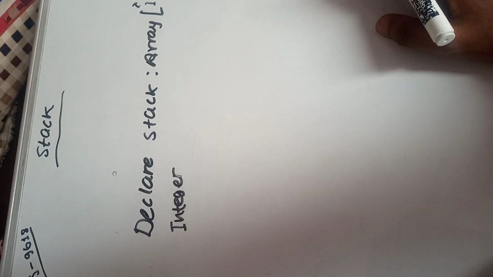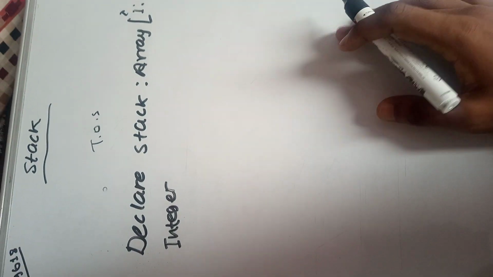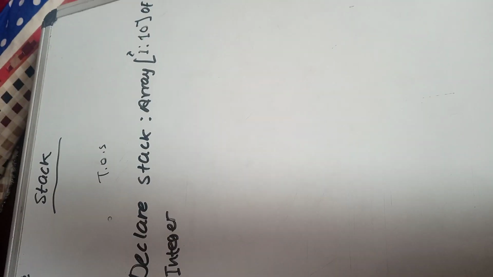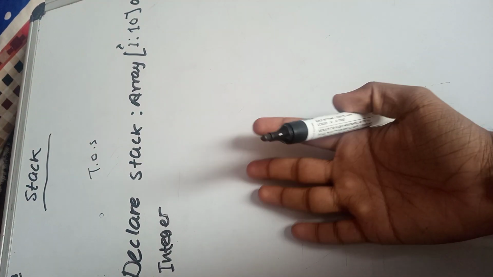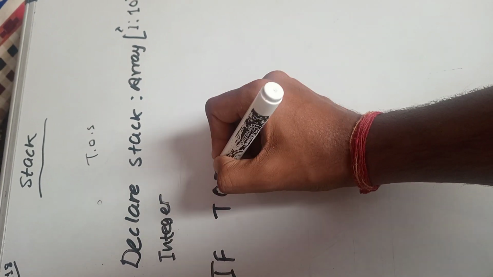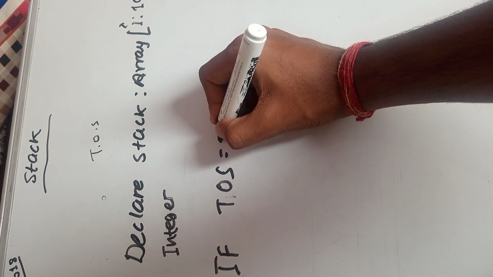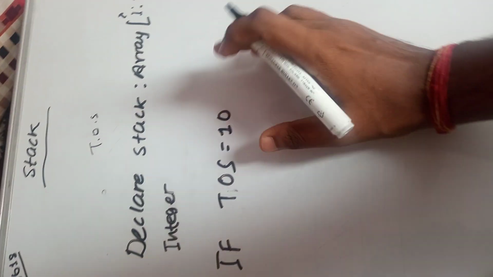Now, as we talk about the top of the stack pointer, we should first check whether the stack is full or empty. So if top, let it be TOS, is equal to 10, that means it is full.